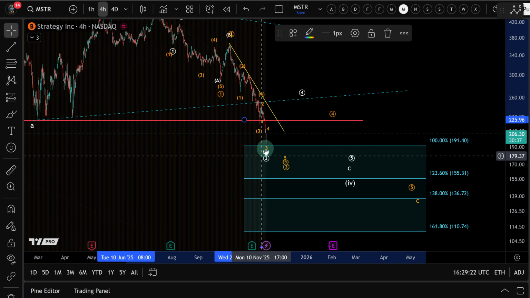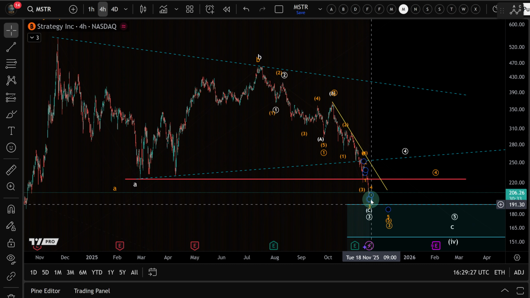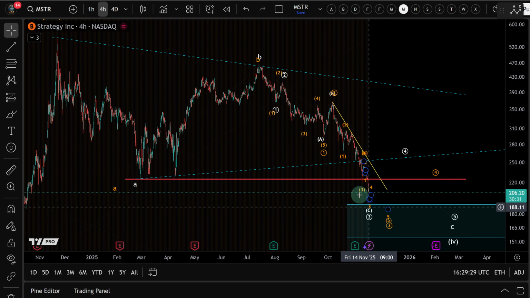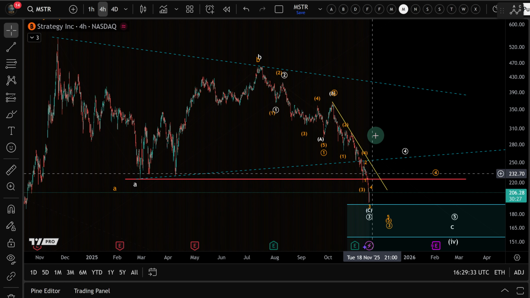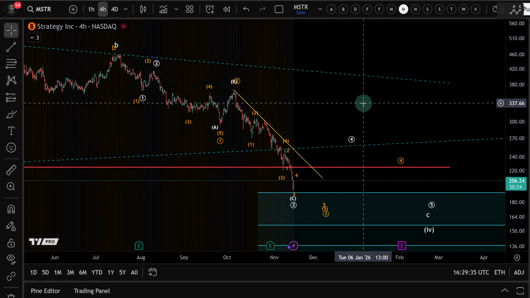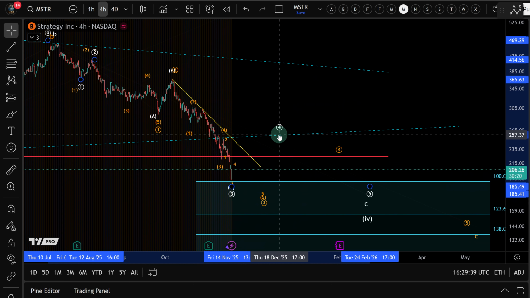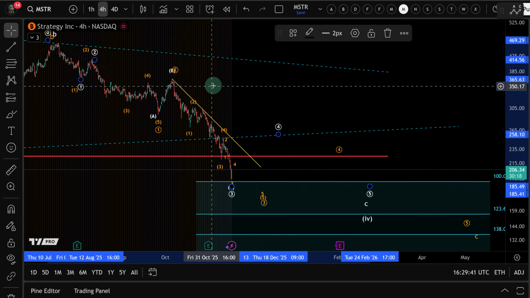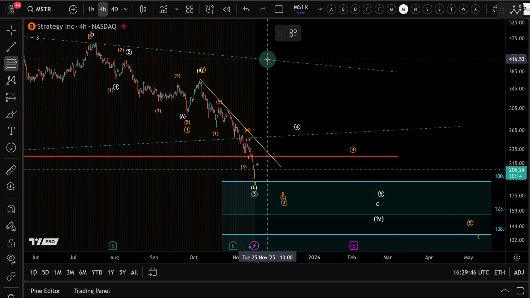Of course, it's possible in an alternative scenario that a low forms in this region. But then there is no micro setup that would support that at this point. What I think becomes more and more likely is that we get the bounce in this fourth wave that we've been watching for already. And if that happens, it could be a multi-week bounce, but it simply hasn't started yet.